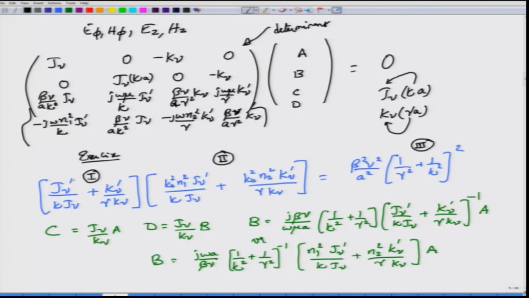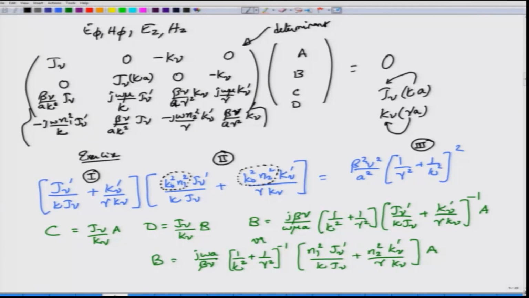Therefore, you have J nu prime divided by kappa J nu, and similarly you have the derivative in the cladding case, which is K nu prime divided by gamma K nu, and the term 2 that you have is essentially the same as term 1, except that J nu prime is getting multiplied by k0 square n1 square, whereas K nu prime term is getting multiplied by k0 square n2 square. So, except for this multiplication, these two terms are essentially similar to each other.